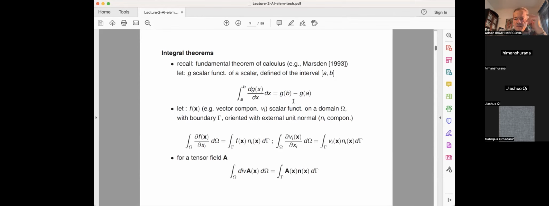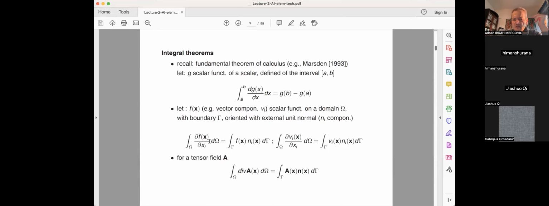So basically, this is the same thing here, only this is called the Gauss-Gradient theorem. Here you have the integral of the derivative of f with respect to xi. You turn this into a corresponding integral over the boundary gamma, just like it was here, just in the point. And then you have orientation ni, which is here given by plus or minus 1, and then the value of this function on this particular boundary.